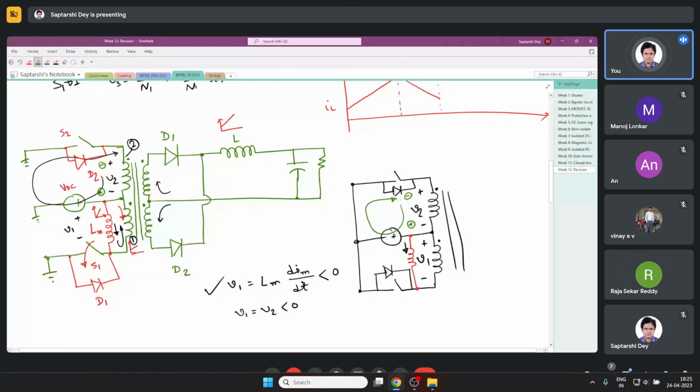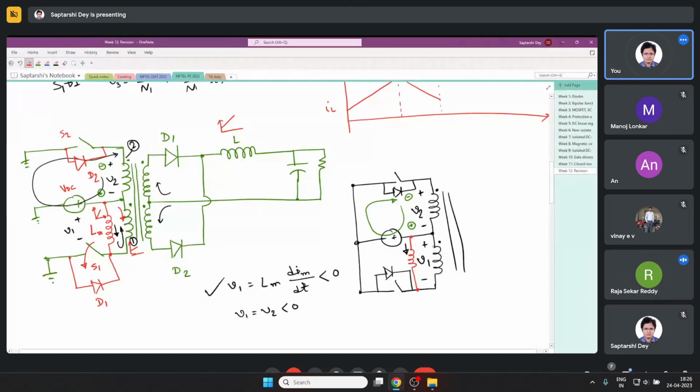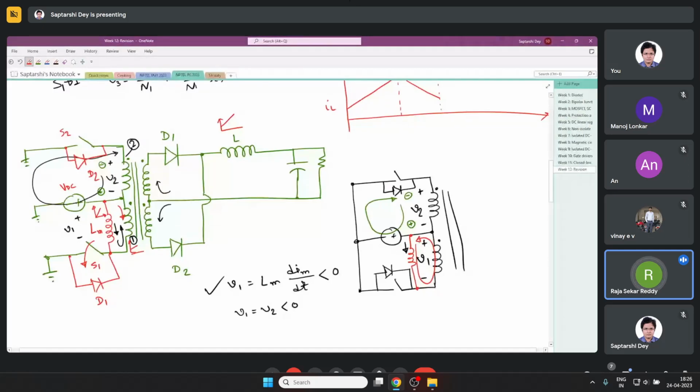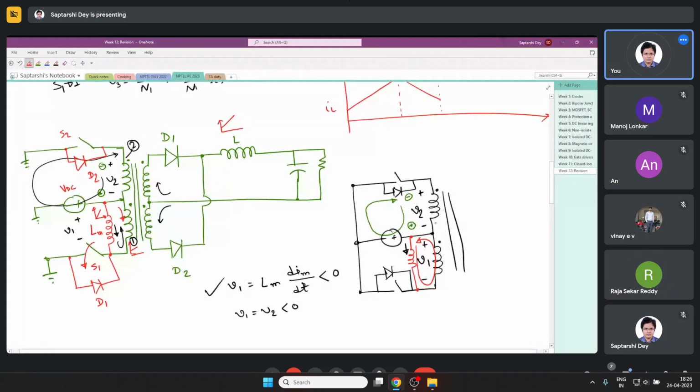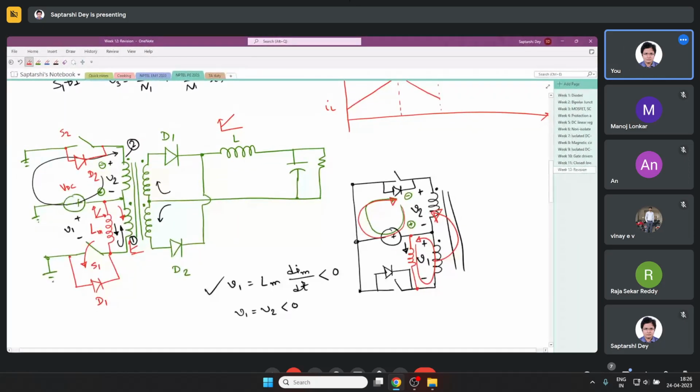In the equivalent circuit, the magnetizing current is flowing like this, and it is reducing, and this current is reflected in this winding, which is flowing in this fashion. So the stored energy is going back to the source.